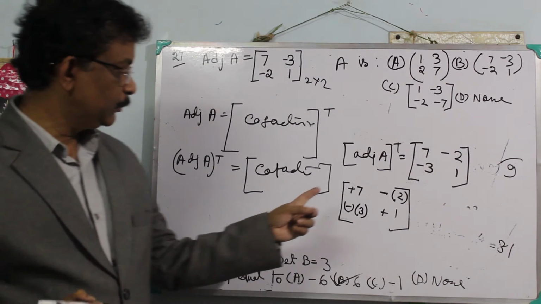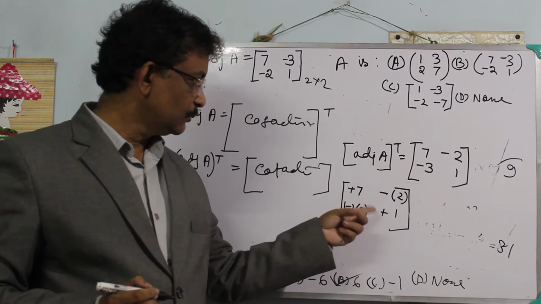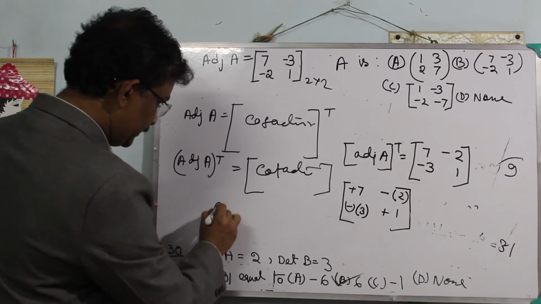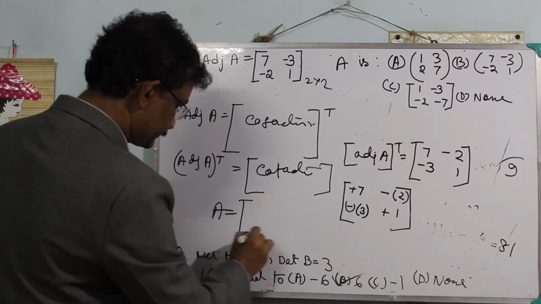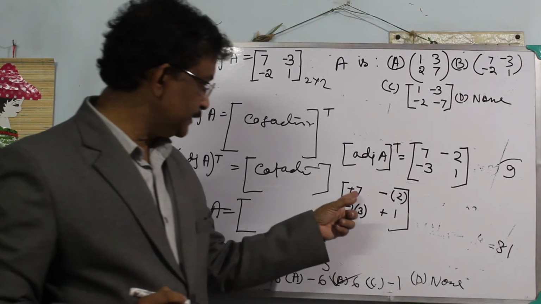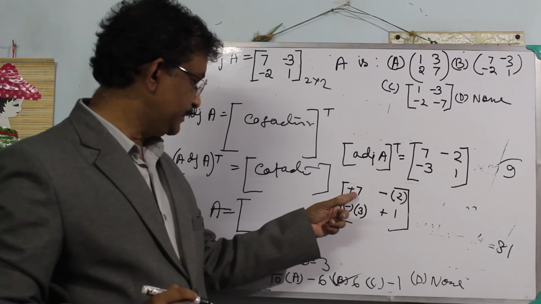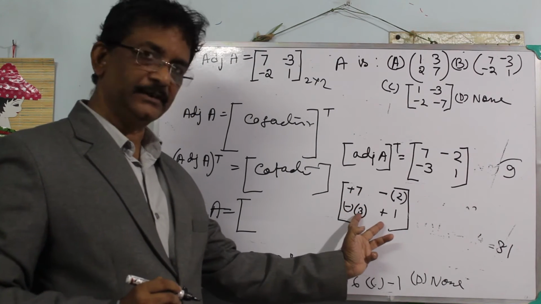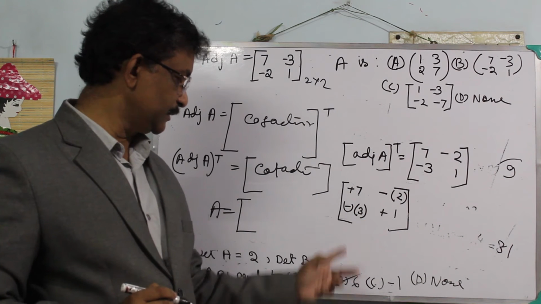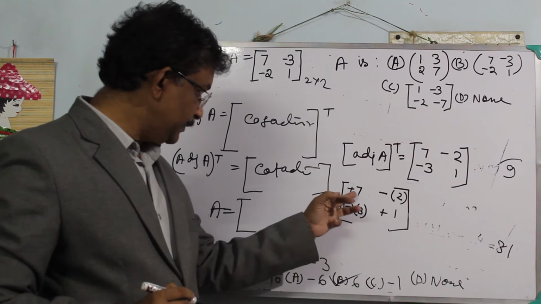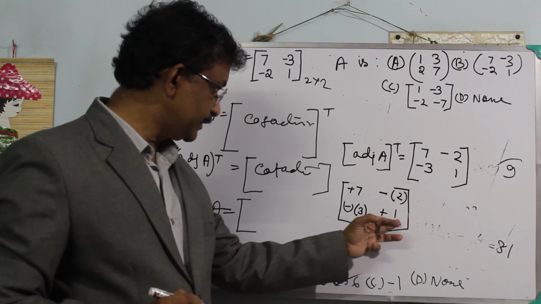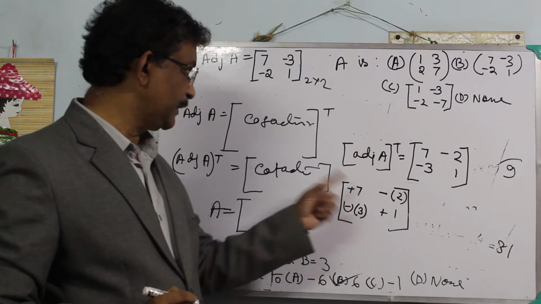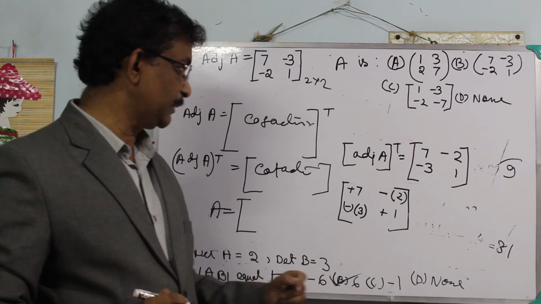So what is the position of 7 in matrix A? Now I am directly calculating A. 7 is in the matrix of cofactors, so actually 7 was here in the original matrix, and it becomes an element of the cofactor matrix.